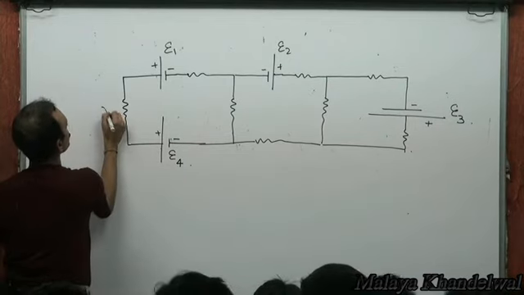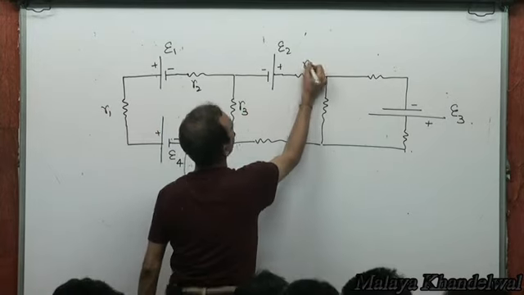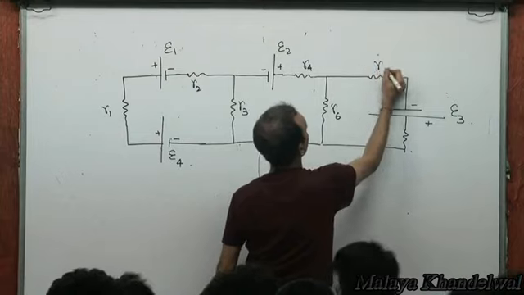Let me refer to these resistors as R1, R2, R3, R4, R5, R6, R7.